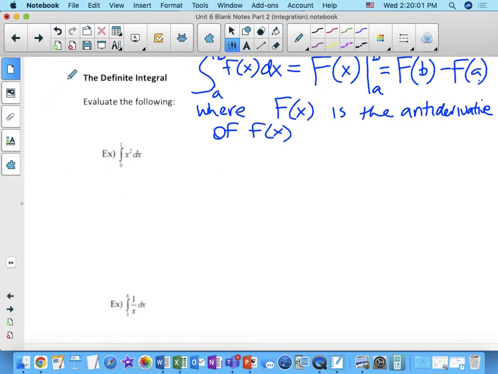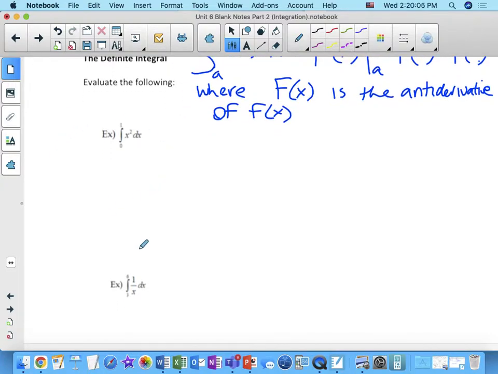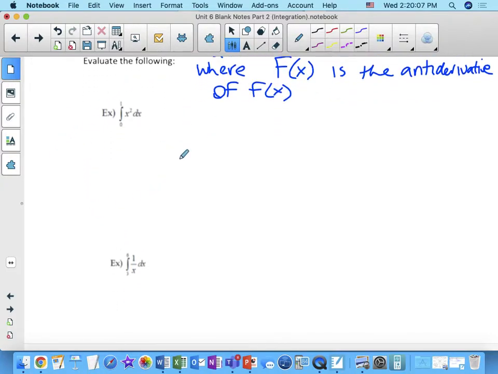So for example, you may be asked to evaluate something like this. What is the value of this definite integral? How much area is under this curve of y equals x squared from 0 to 1? That's essentially what this question is asking. Okay?